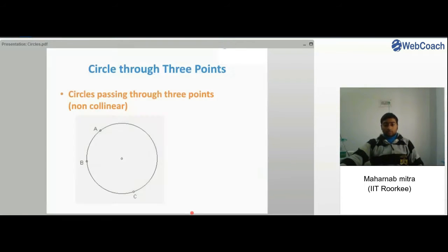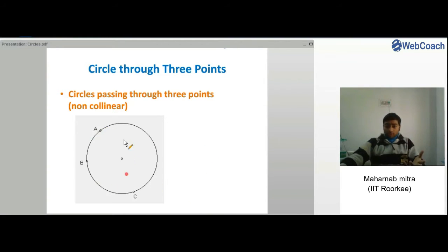Now let us consider 3 points. Now if we consider 3 points which are non-collinear, right, they should not lie on the same line, then through these 3 points you will find out that there is only one circle passing through them, right? If 3 points are given which are non-collinear, then there will be only one single circle passing through these 3 points.